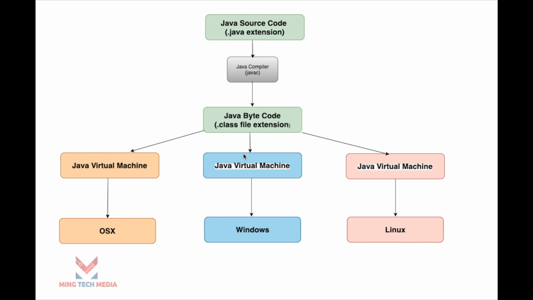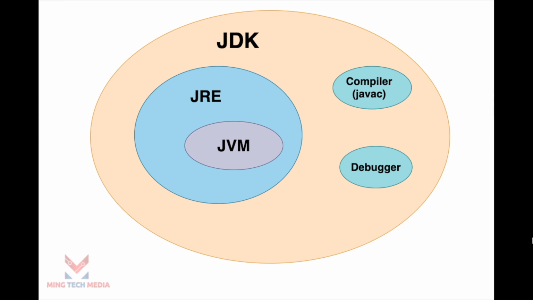And the JVM is the Java virtual machine, and it translates bytecode, which it receives from the .class files, and processes that into the native machine code. That native machine code is the language which your operating system understands. And it's different for different operating systems.